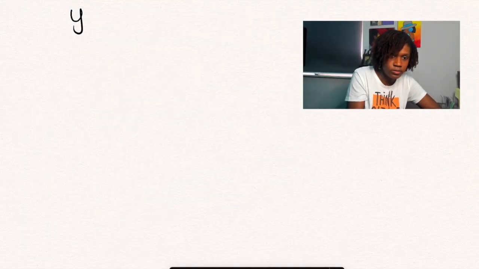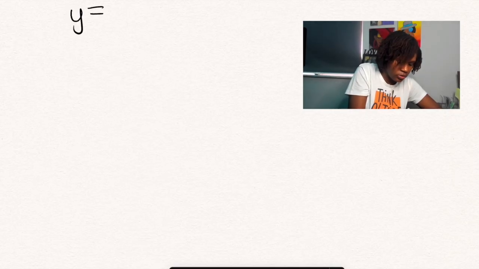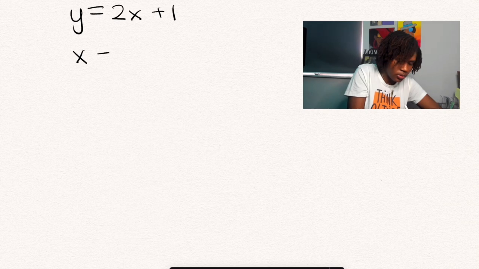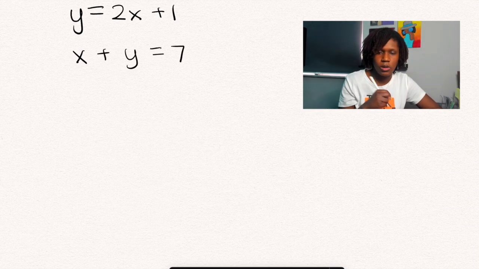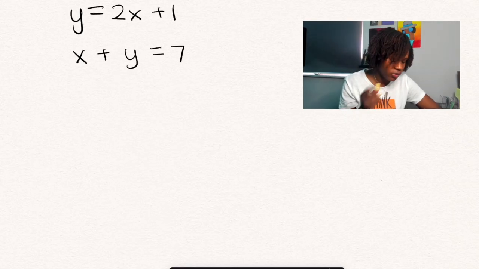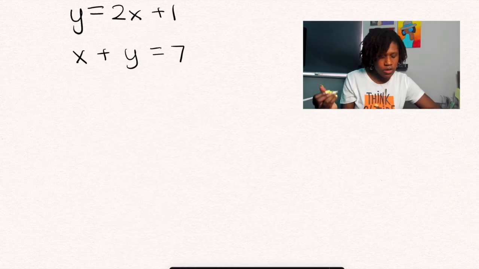Let's work on this problem. y is equal to 2x plus 1 and x plus y is equal to 7. It's just like the problem that we had before. And I love when problems look like this because y is already isolated and by itself, so I have less work to do.